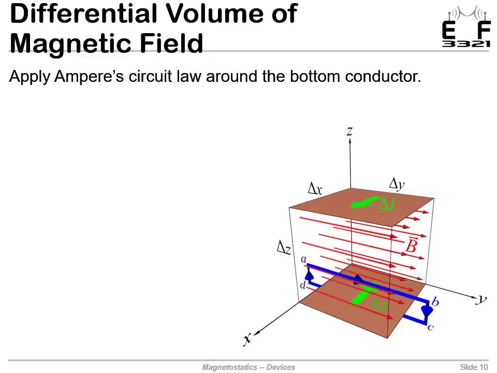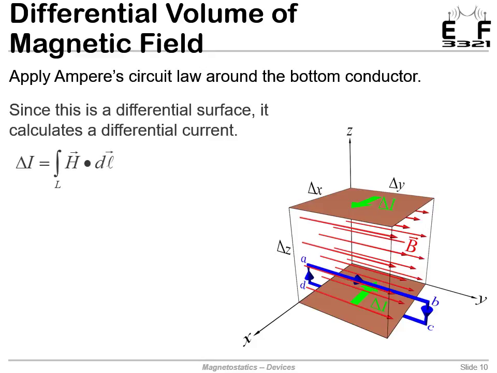The second thing we'll do is apply Ampere's circuit law around the bottom conductor. We'll integrate from A to B, B to C, C to D, then back D to A, so it's a closed contour line integration.